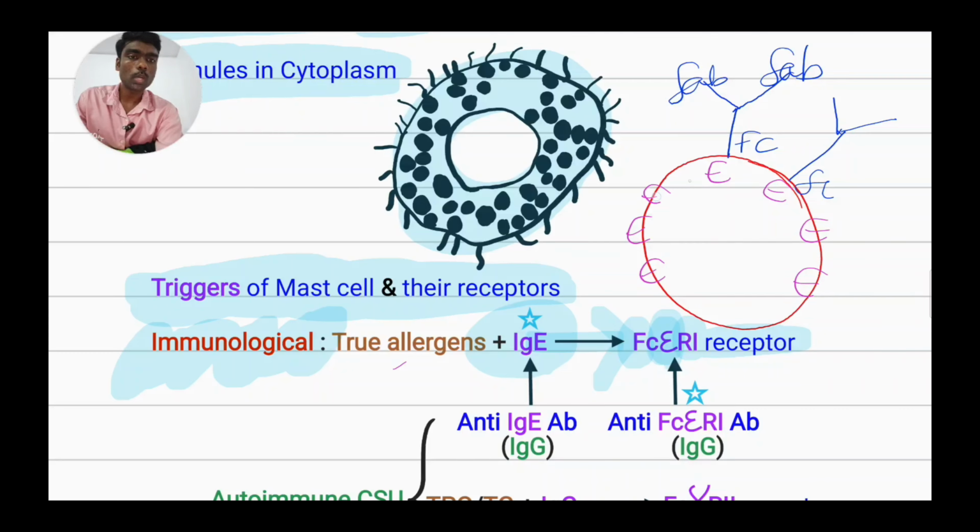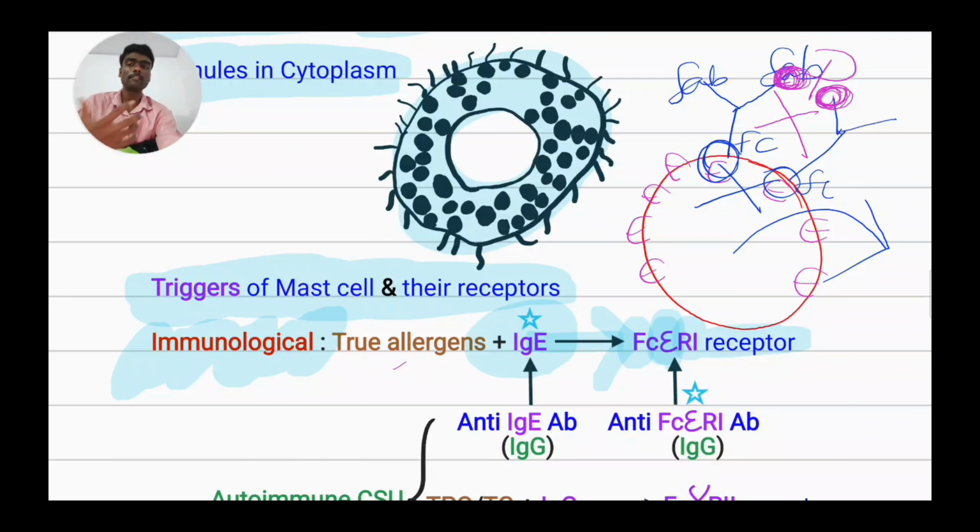Whenever a true allergen like pollen enters the human body, it will bind to the Fab region of two adjacent IgE antibodies, not just one. Why does it bind to two? To cross-link those two antibodies, which in turn cross-links the Fc epsilon R1 receptors, which have high affinity to the Fc end, leading to activation of the mast cell and release of its mediators.